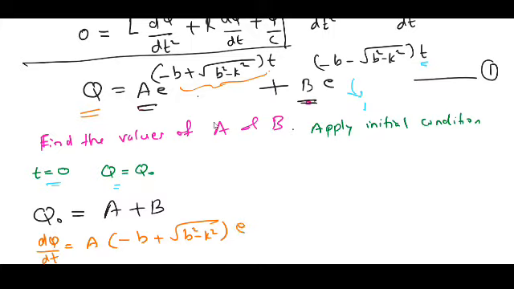Differentiation of e raised to x is e raised to x, therefore it is (-b + √(b² - k²)) times e^((-b + √(b² - k²))t).